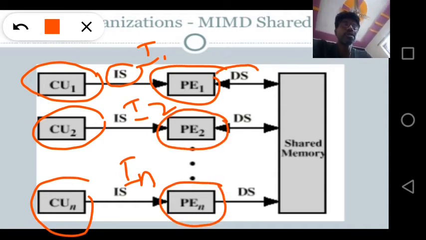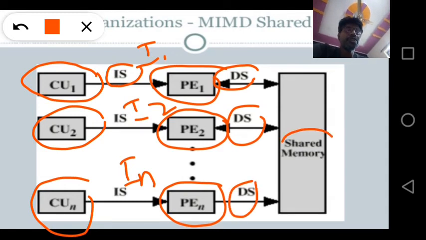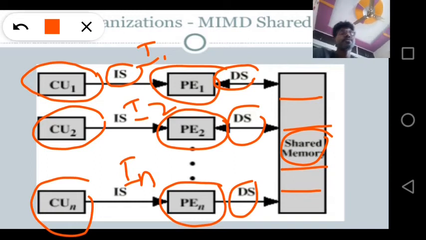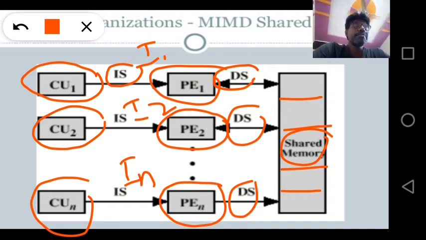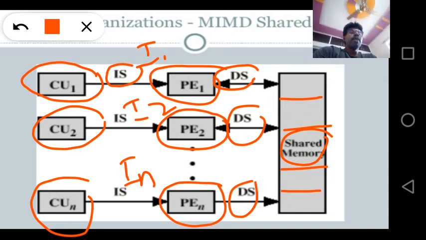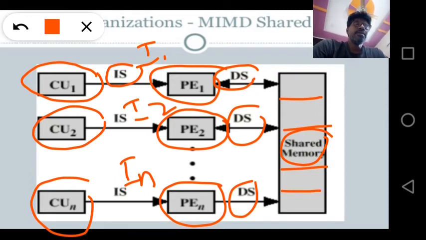Data is coming from shared memory, but this shared memory is divided. So this is called MIMD, that is multiple instructions and multiple data. So this is how it works.